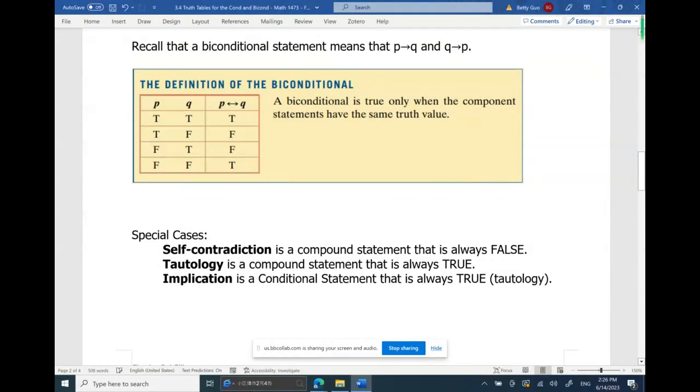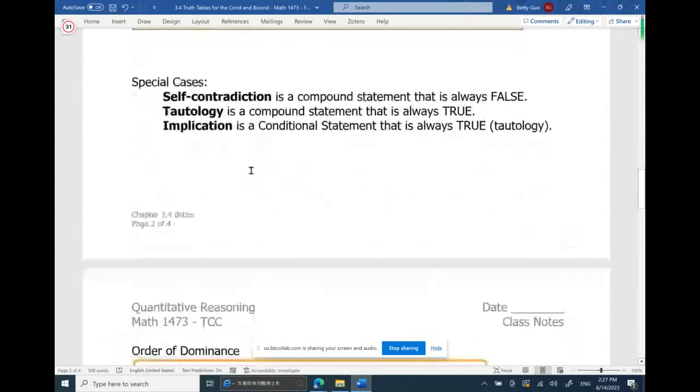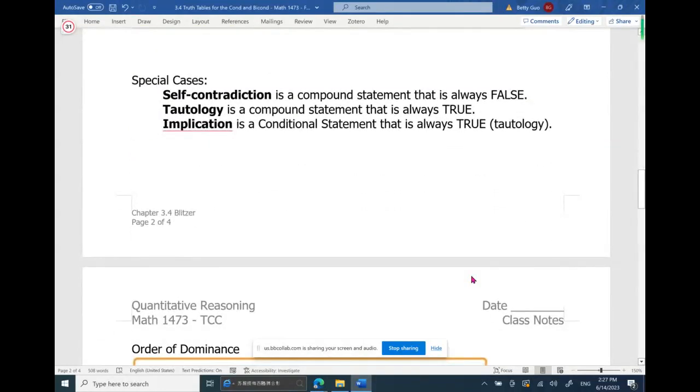Again, we have 1, 2, 3, last video 2 today. So in total 5 basic truth tables: negation, conjunction, disjunction, conditional, and biconditional. You need to memorize those 5 tables. Next, we have some special cases.